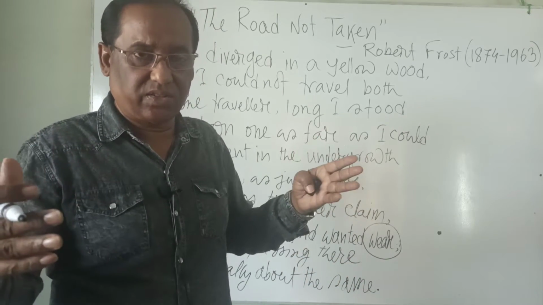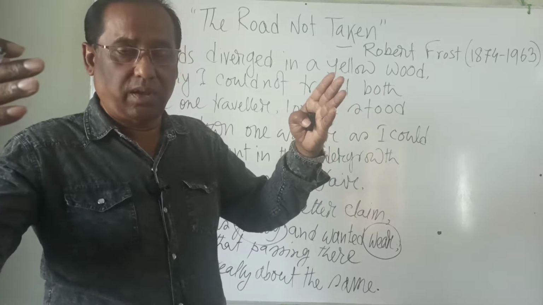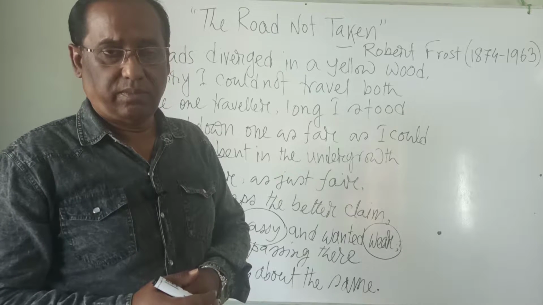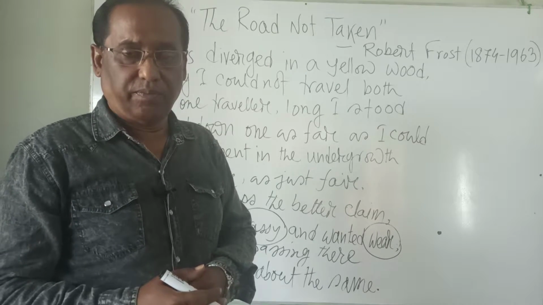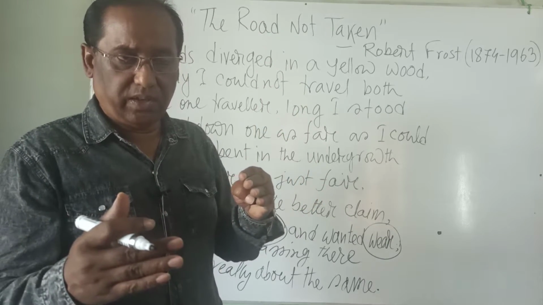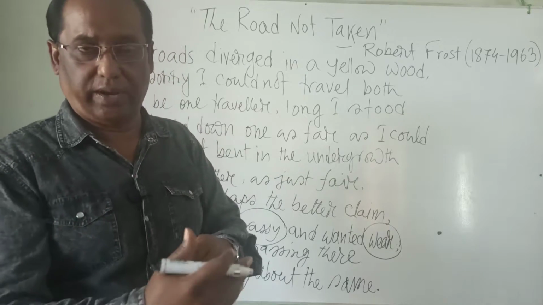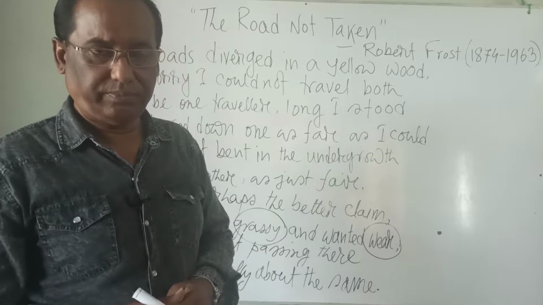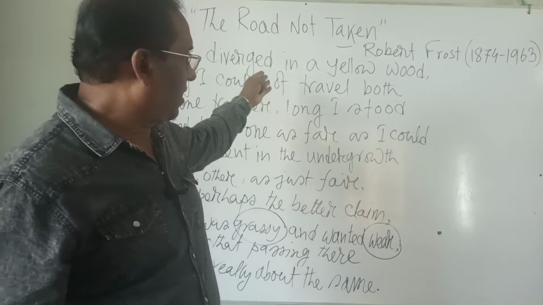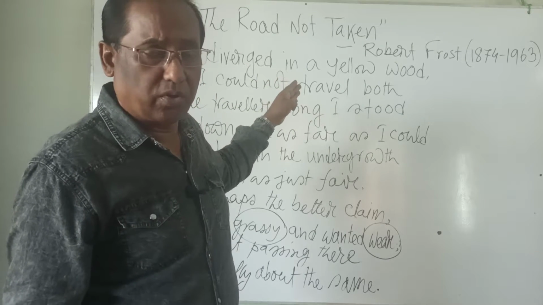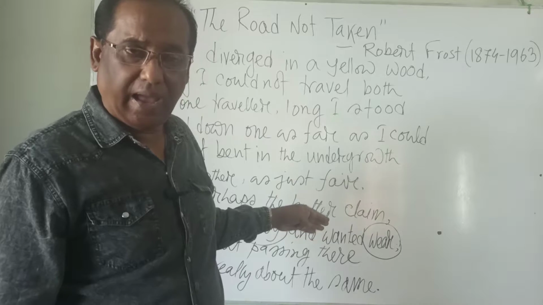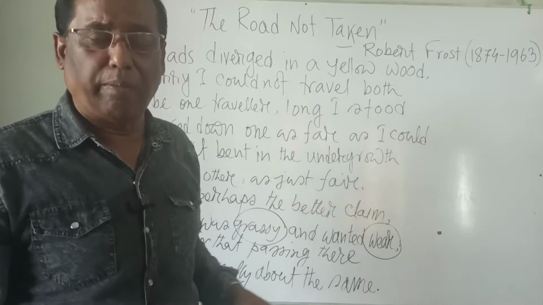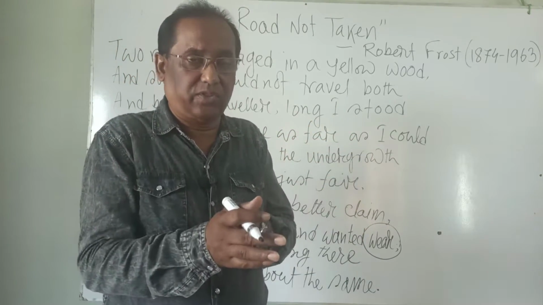So grass grows. That is, this road is less traveled, less trodden, so it has become grassy. But the first road was not so grassy, and it is much trodden and traveled. So this is the main difference between the two roads.